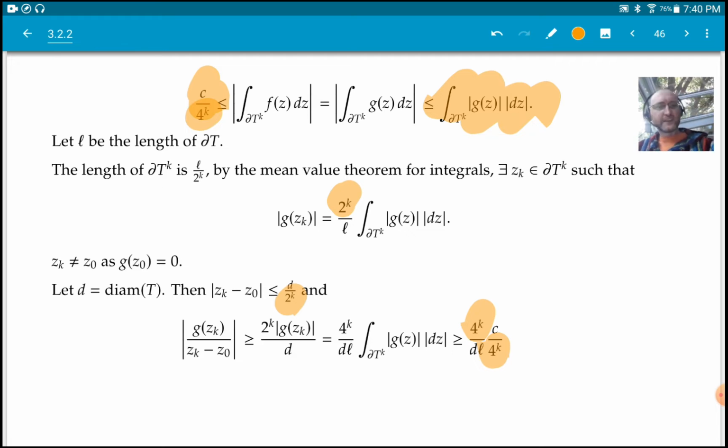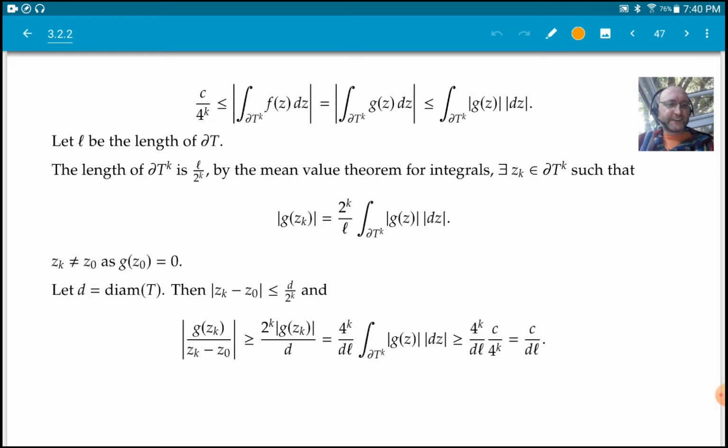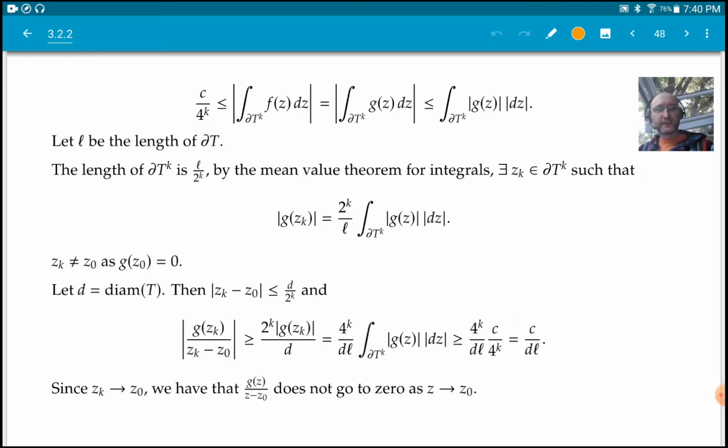So we just get c over dL. Namely, this guy does not depend on k. It's some non-zero number, whatever it is, but it does not depend on k. So this thing cannot possibly go to 0 as k goes to infinity.